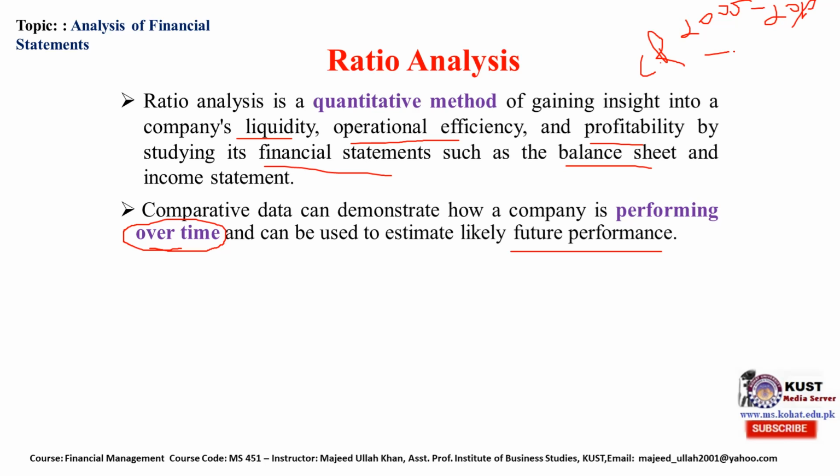Then you compare 2005, 6, 7, 8, and you will be able to predict the future performance of the current ratio of the company from the past data.